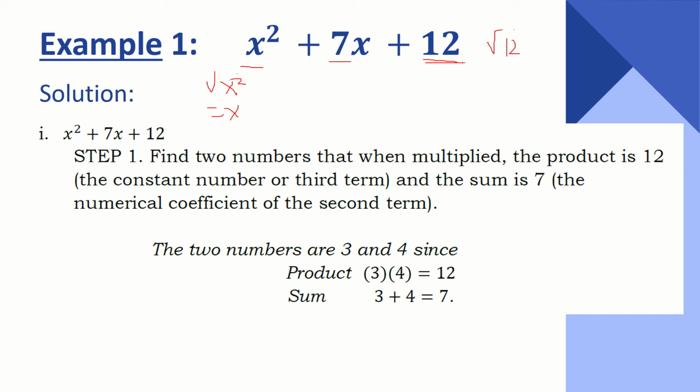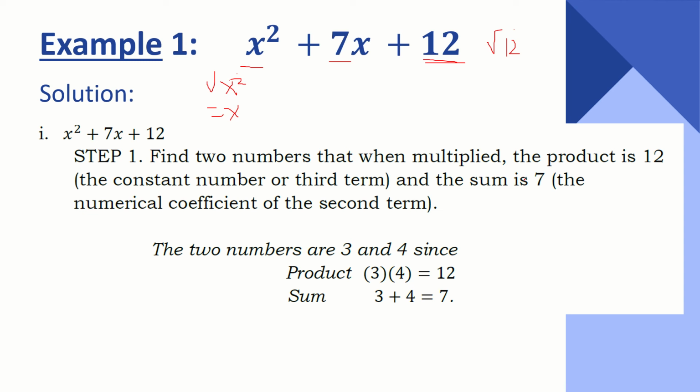So now, para makuha nato ang factor ni x squared plus 7x plus 12, we will find two numbers that when we multiply them, the product is 12 and the sum is 7. So mangita tag number nga pwede i-multiply mo answer og 12 tapos kung i-plus pud siya mo answer og 7. So importante nga mag-memorize ta multiplication table.